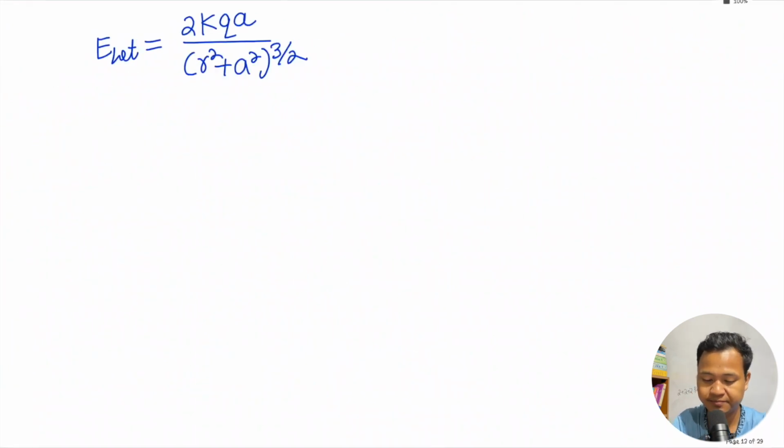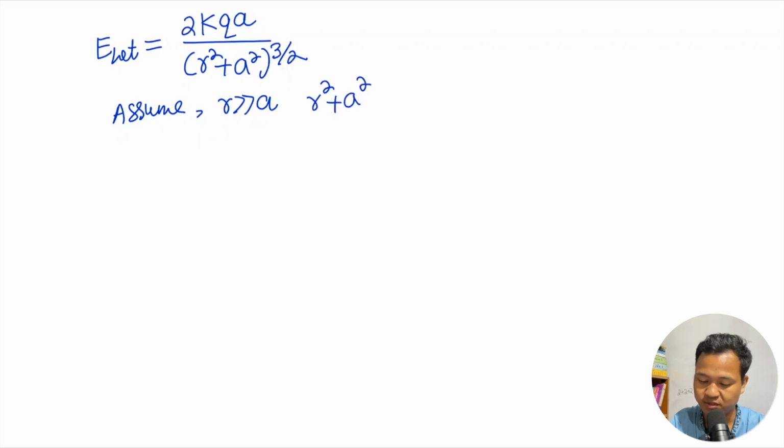Okay, then let us make an assumption. Assume that r is much greater than a. So r square plus a square will approximately be r square.